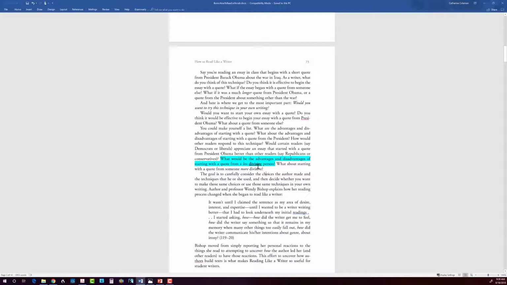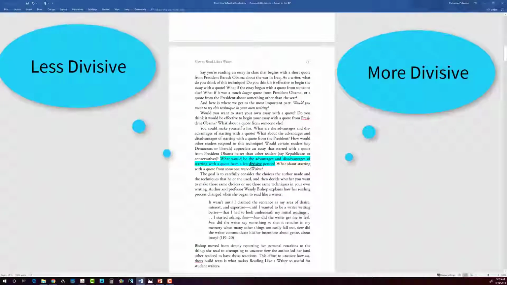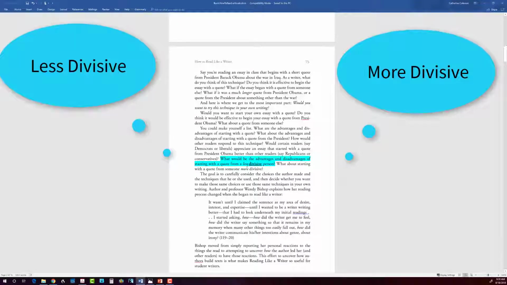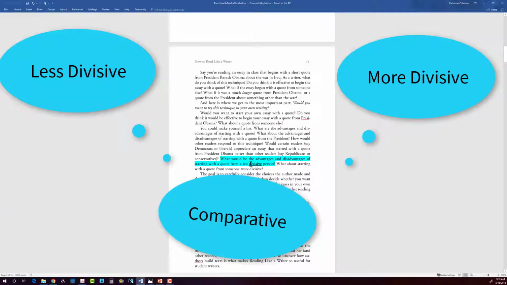So if you're less divisive, that means that you are more acceptable or more easily to get along with. So these two words are often used here, less divisive or more divisive, because this is a comparative.